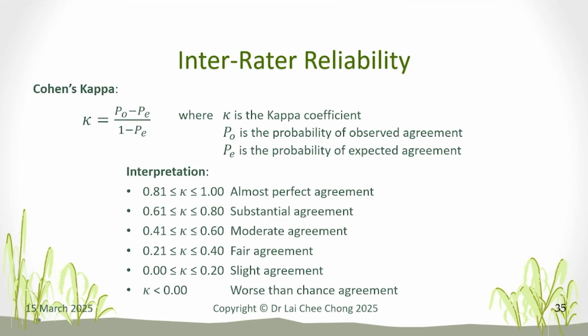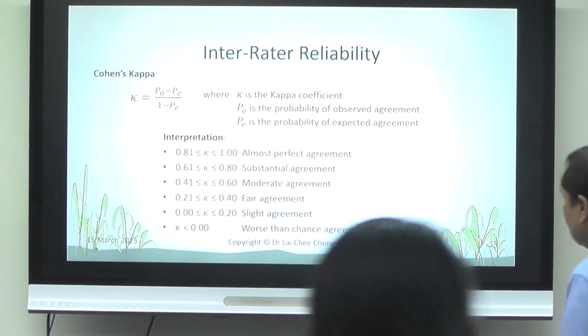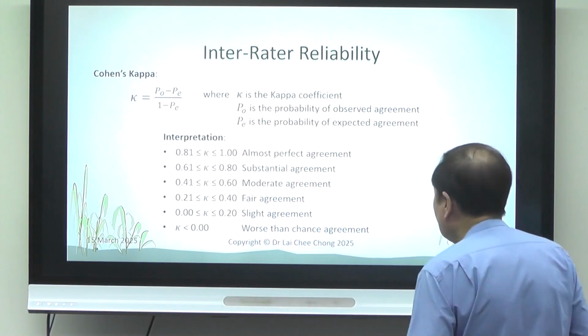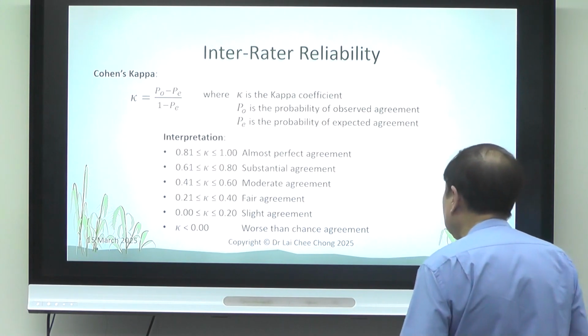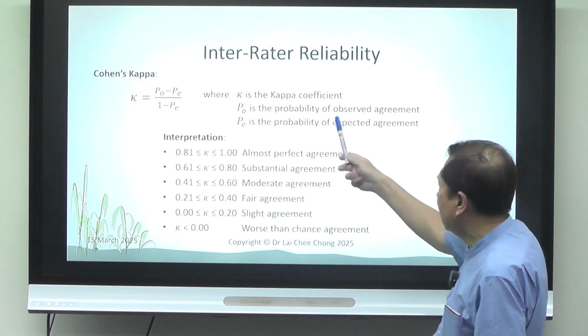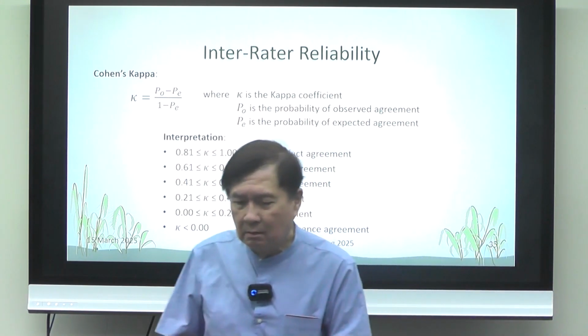So therefore the maximum is 1. In other words, if you get the Kappa between 0.81 and 1, it is almost perfect. That means the two raters are very consistent in the rating. You follow me? So they're quite similar.